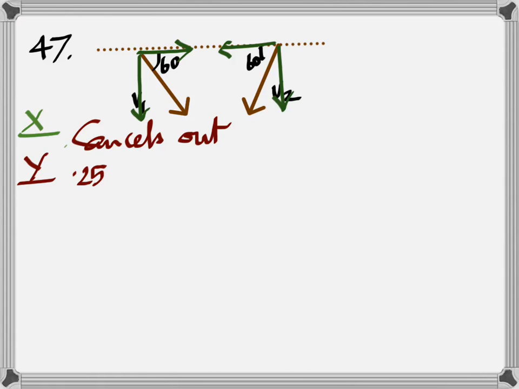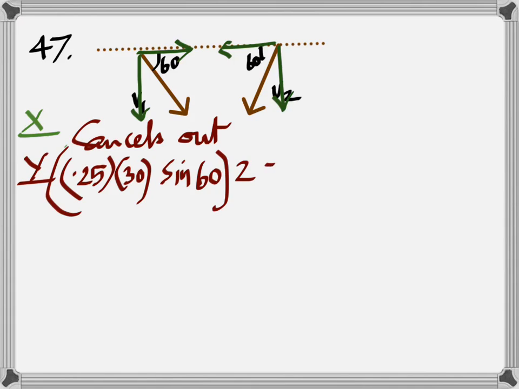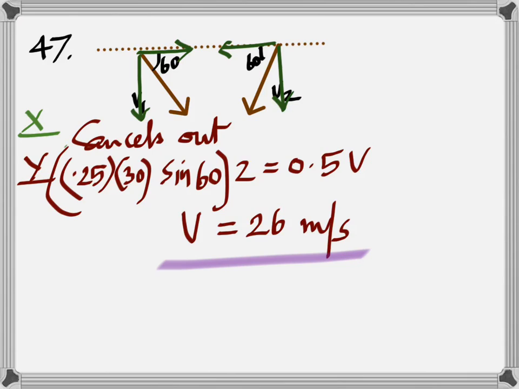Depending on how you have it, it's mass times velocity times sine 60. Anybody with me? Or I could say mass times velocity times cos 30. Both same. Either sine 60 or cos 30, both have the same value.